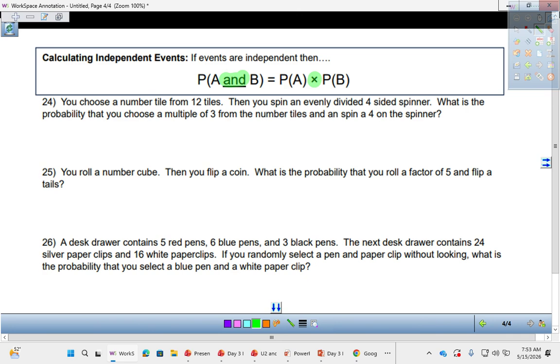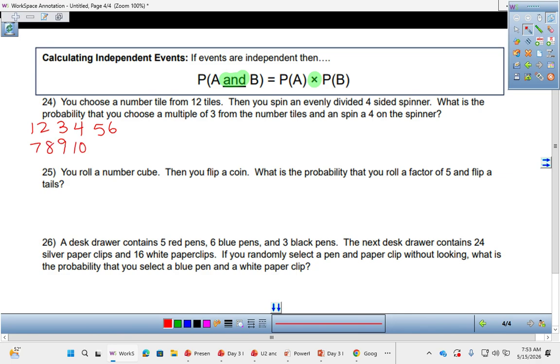So the first one says, you choose a number tile from 12 tiles, then you spin an evenly divided spinner. We determined that they were independent. So now we want to actually calculate the probability. What's the probability you choose a multiple of 3 from the number tiles and spin a 4 on the spinner? So let's think about the number tiles. We've got 1, 2, 3, 4, 5, 6, 7, 8, 9, 10, 11, 12.